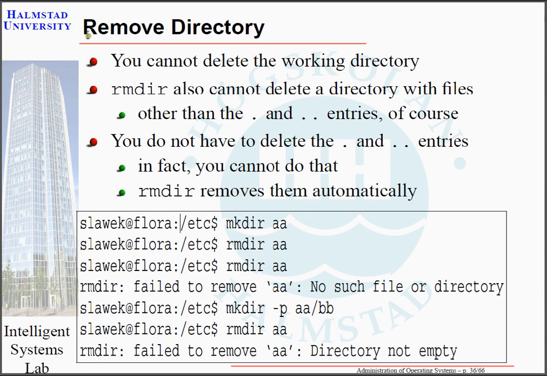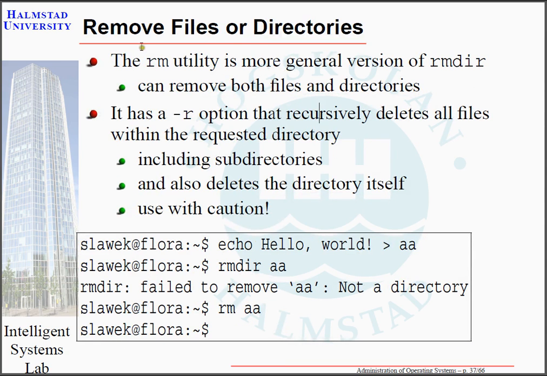There is the command remove directory, rmdir, which, as the name suggests, deletes directories, although it requires the directory to be empty, except for the dot and dot dot entries. There is also the rm command, which is a more general one. It can remove both files and directories.